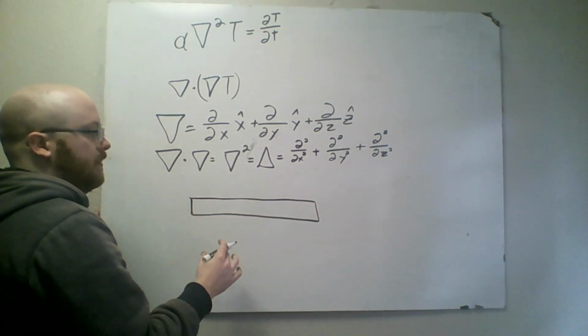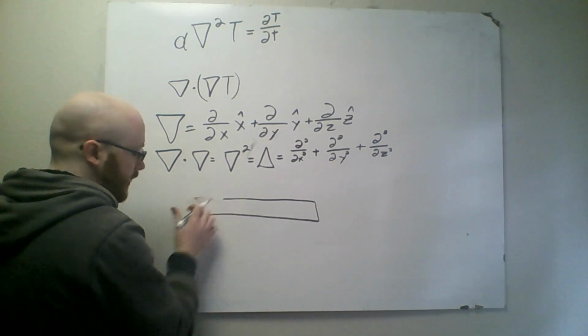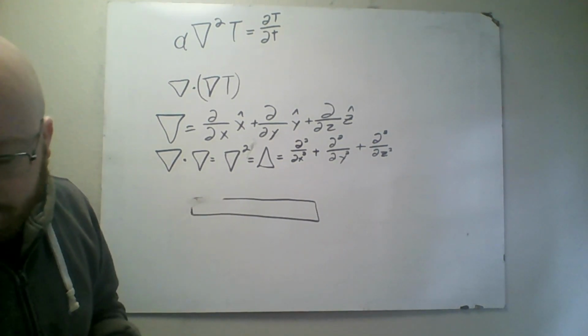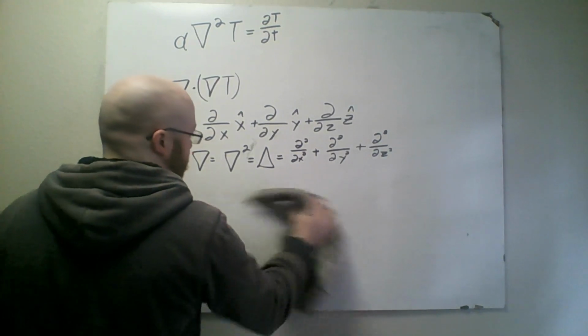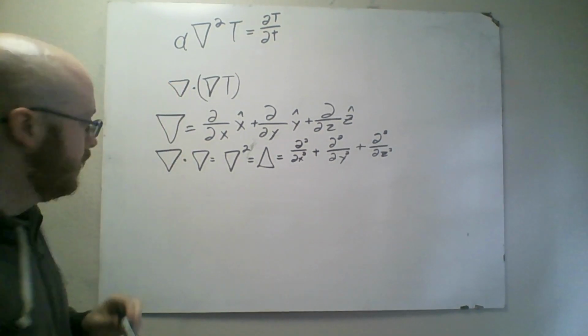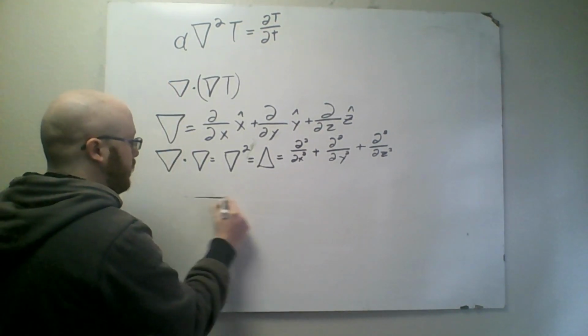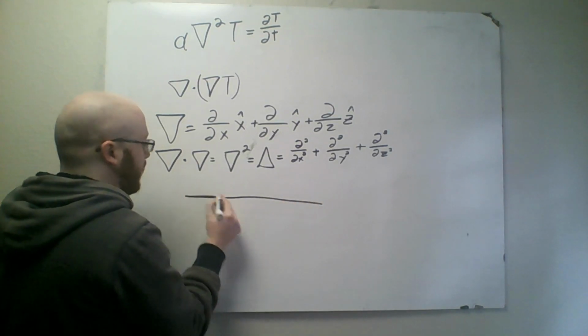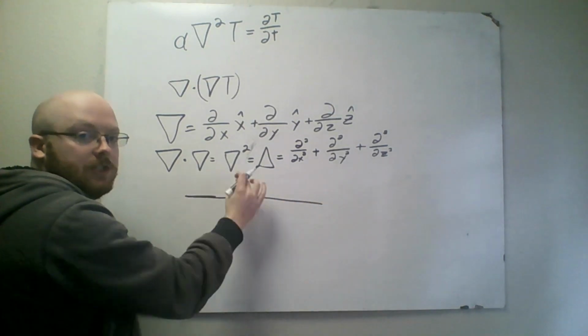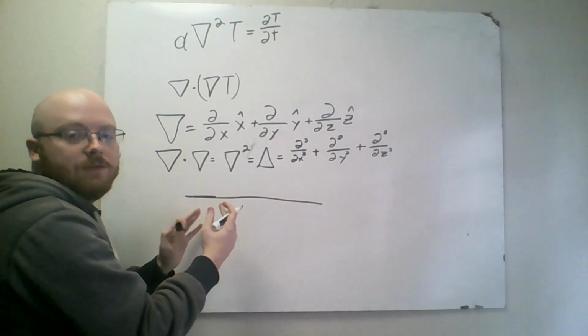It's actually a really bad example, but one example is kind of like a bar where it's thin enough that you don't care about how temperature is flowing in this direction and this direction. You really just want the average temperature at a point.